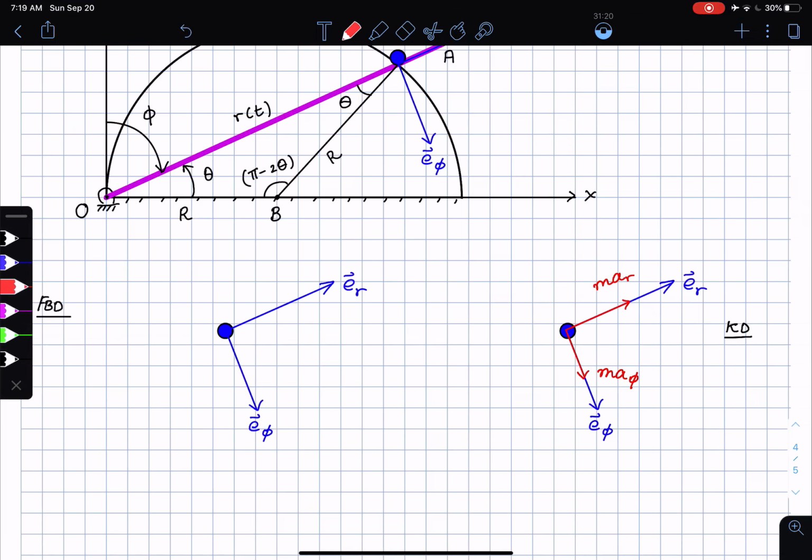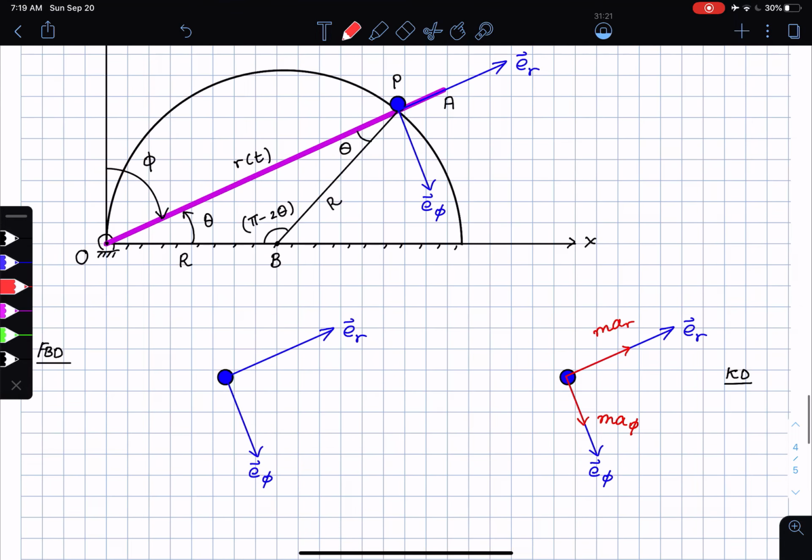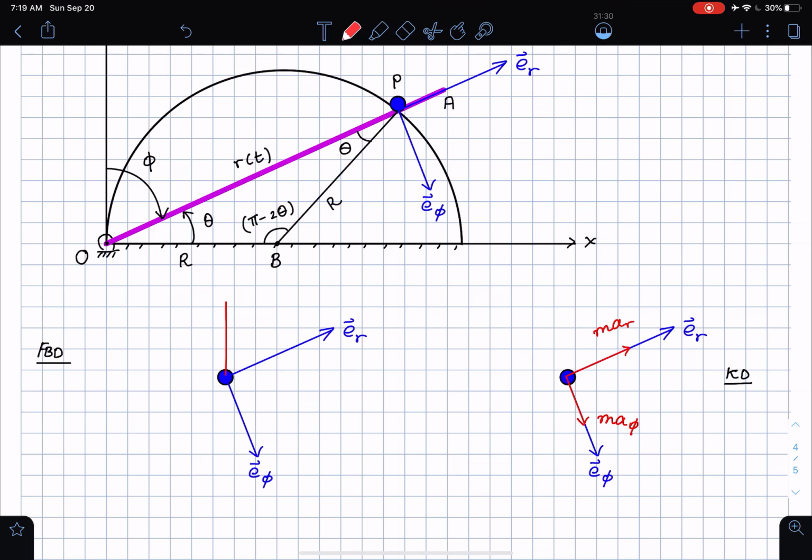Then what else do I have? I go back to the free body diagram. What are the components in the free body diagram? First of all, I have the weight of the body, which is going to be acting vertically down. So this is going to be mg, and it is very obvious that this angle here is going to be the angle phi.